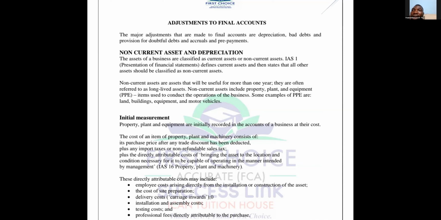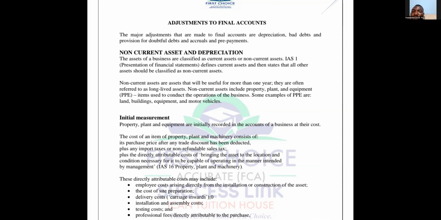So how do we record that transaction in our financial statement? The way we record that transaction is we pick the purchase price or the market price or the listed price. They can call it listed price, purchase price, quoted price, or market price. So we pick the price, less trade discount. If there is a trade discount, we reduce that purchase price by the trade discount and now add every other relevant cost to it, up to the point where the asset will be available or ready for use.